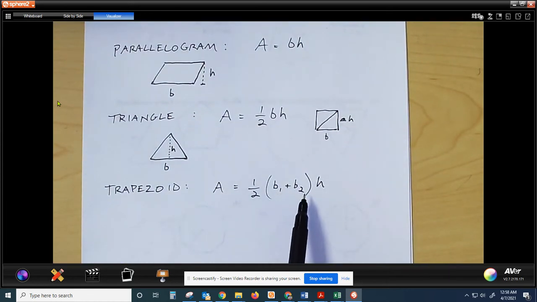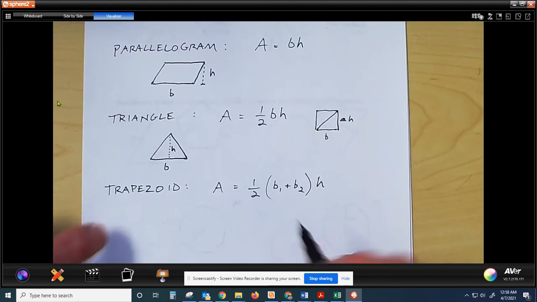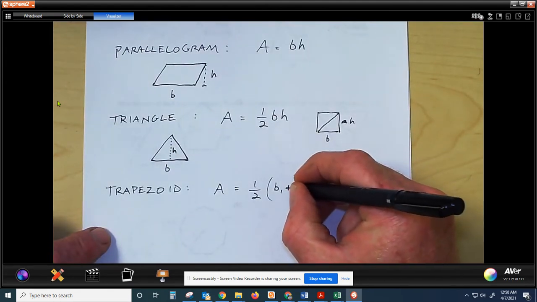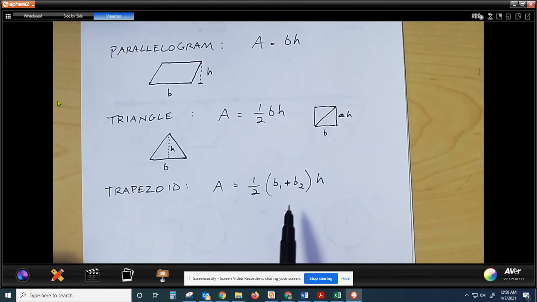Base 1 times base 2, or excuse me, base 1 plus base 2. Two bases added, basically finding an average by multiplying them times 1/2 and times the height. Let me show you.